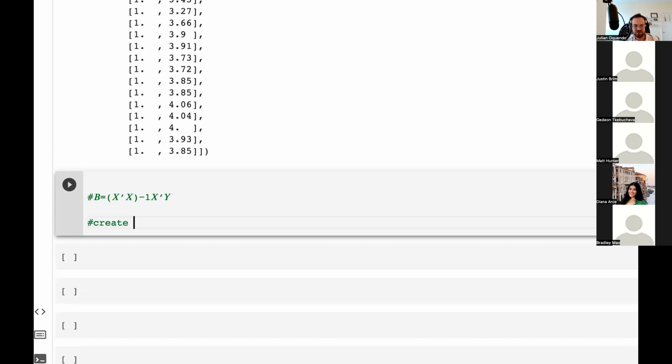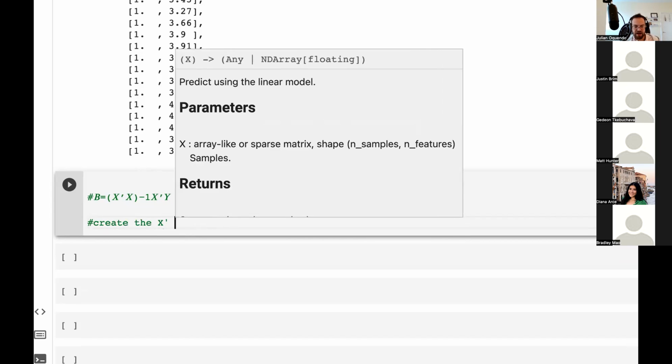So let's break this down into creating the X prime value.